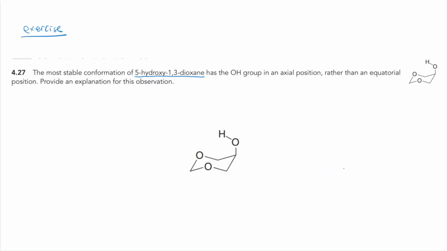And then we have one last practice. This is a weird one. So this molecule tends to be like this. It's on the axial bond, not the equatorial bond. Why do you guys think it's like this? The hint is we have oxygen and hydrogen.